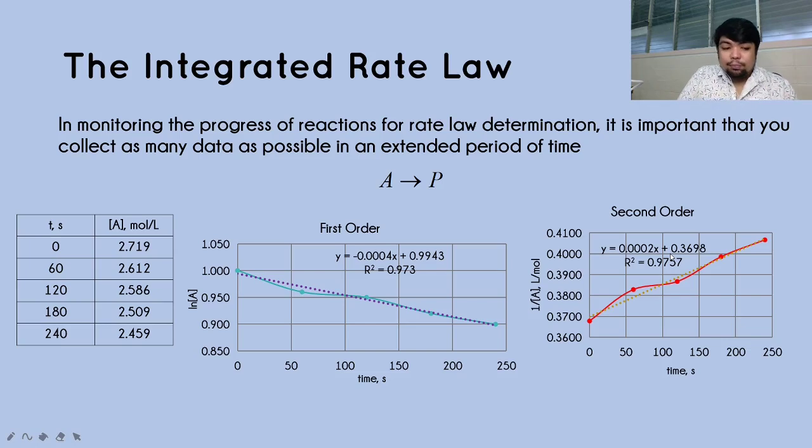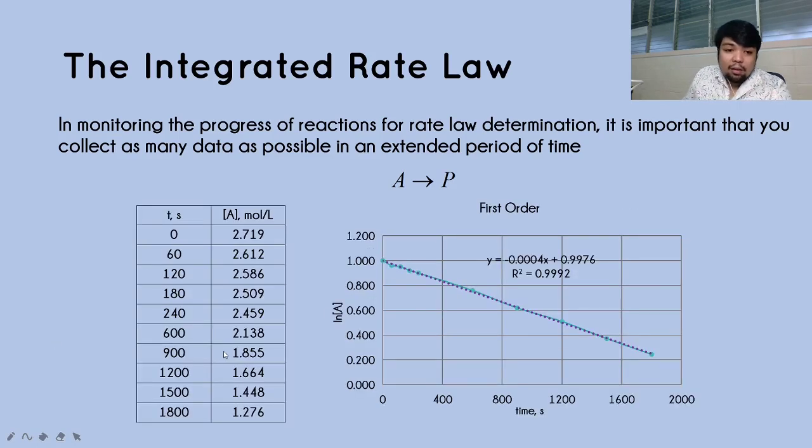However, if you go along the progress of the reaction, for example, in this set of data for this hypothetical reaction, you collect more and more data as the reaction progresses. So you go beyond 240 seconds, from 240 until 1,800 seconds, and you plot the data for a first order and a second order of the reaction here.